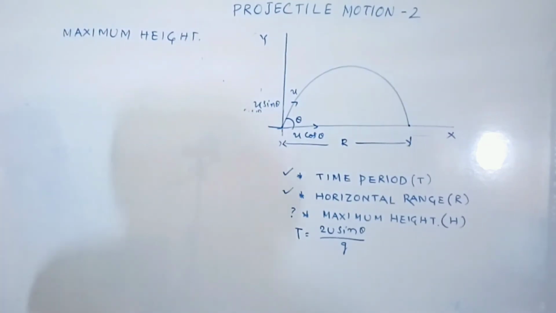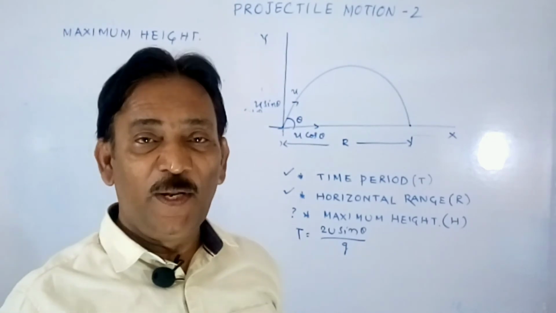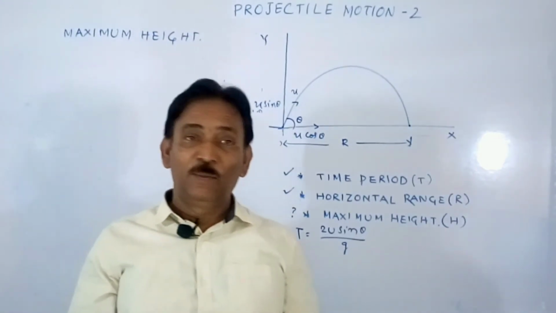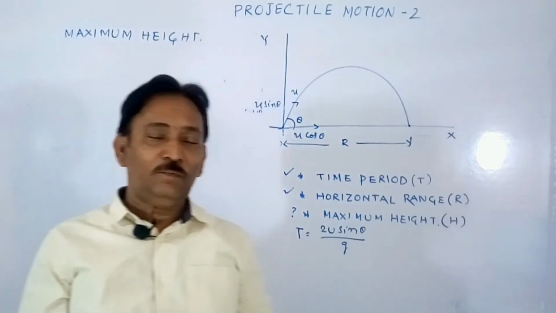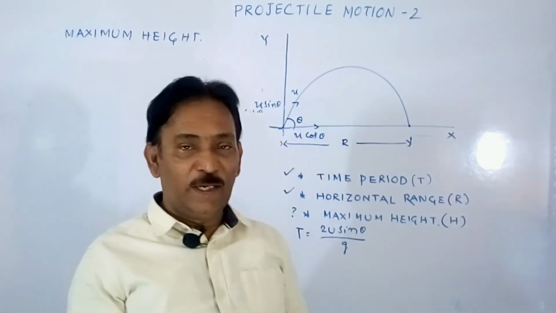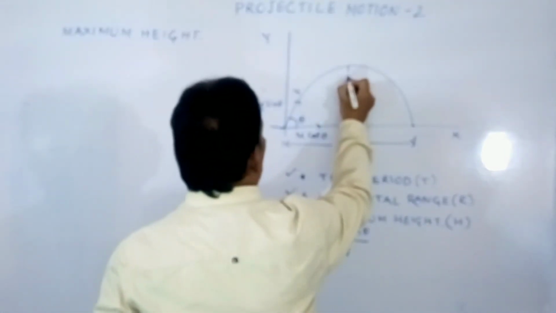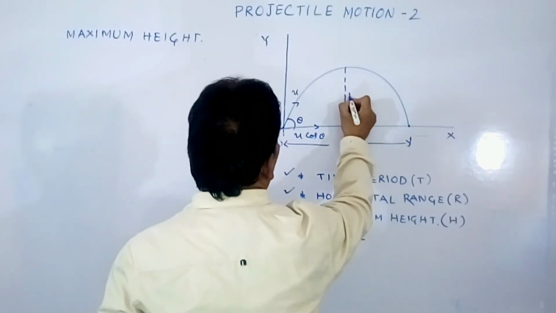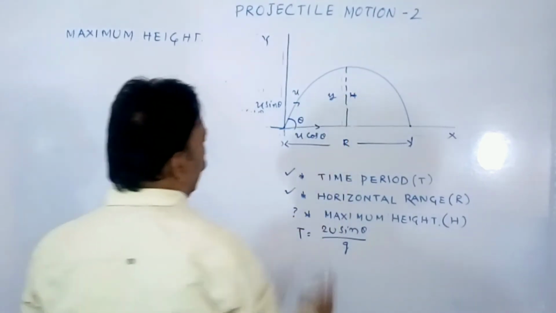It is the maximum vertical displacement of the projectile. Okay, here it can be shown like this. If you watch it carefully, it is the maximum displacement. It is h, but it is the y component.